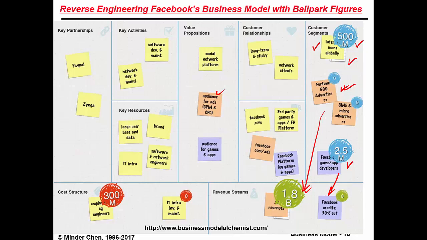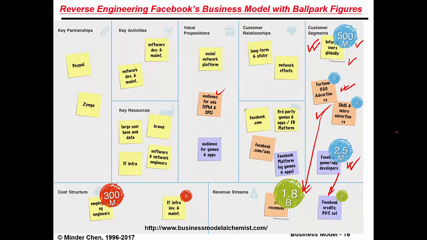So this is a good example of a business model that has different customer segments, and sometimes we refer to this as a so-called multi-sided business model or multi-sided platform, where we have customers of Facebook who use the system for free, we have advertisers, and we have game developers.